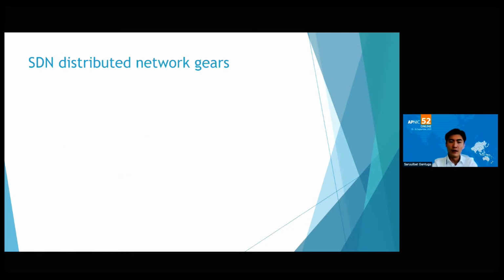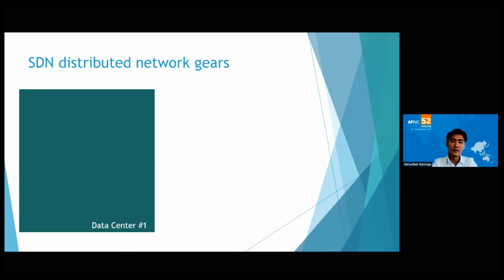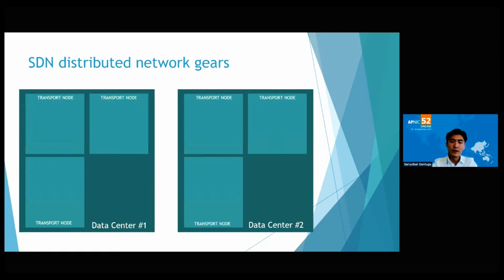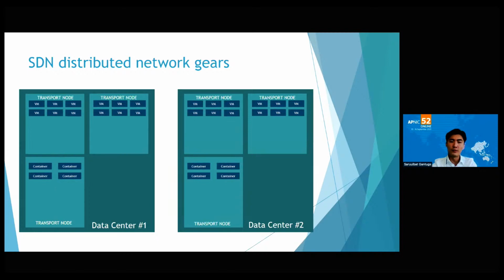Here's how our network gear is placed along with the compute resources. There is data center 1 and data center 2, and of course a physical host, which can be KVM or an ESXi hypervisor, with multiple applications, containers or VMs standing on each host.